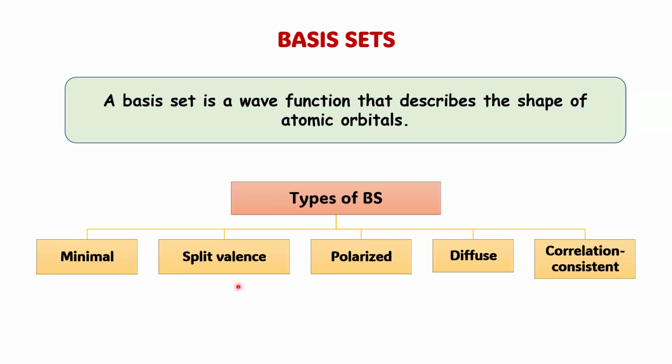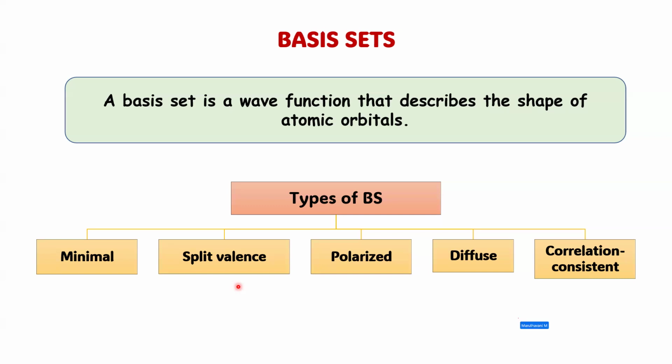For example, you can consider 3-21G or 6-31G. Those are examples of split valence basis sets. The main idea is that we represent the valence orbitals using the basis set, such as how many electrons are there in the valence orbitals. All that information we calculate using this basis set.